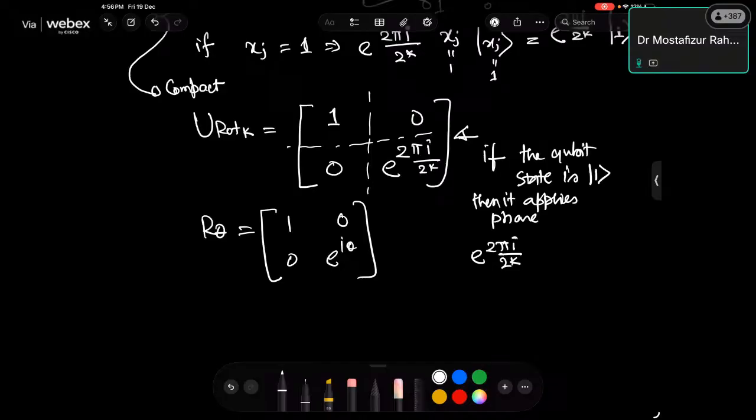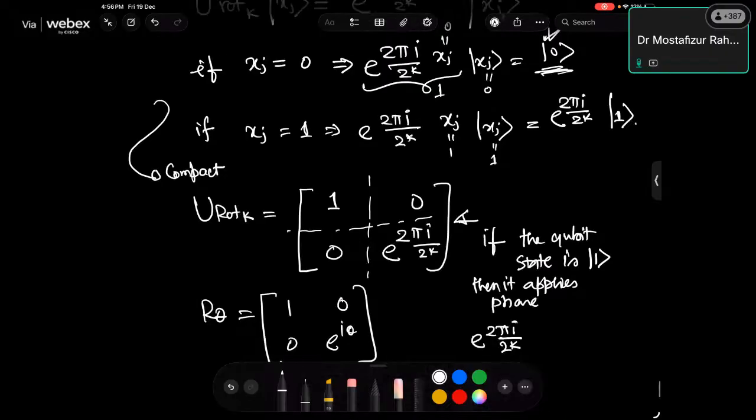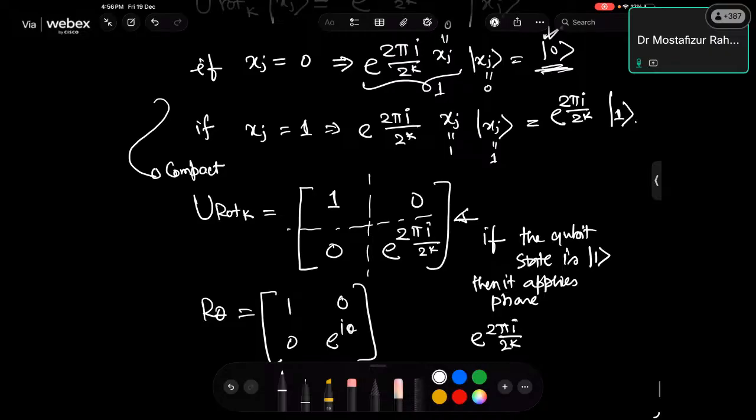And if the state is 0, it does nothing to that qubit. But if the state is 1, it applies a phase of 2πi/2^k, and that is represented with a matrix [[1, 0], [0, e^(2πi/2^k)]], right?